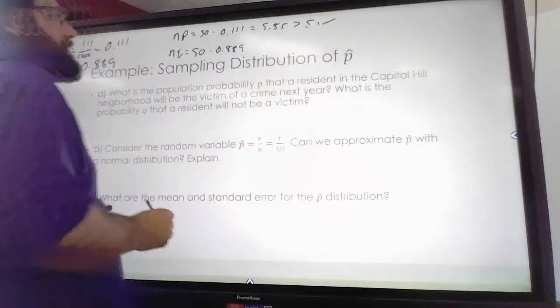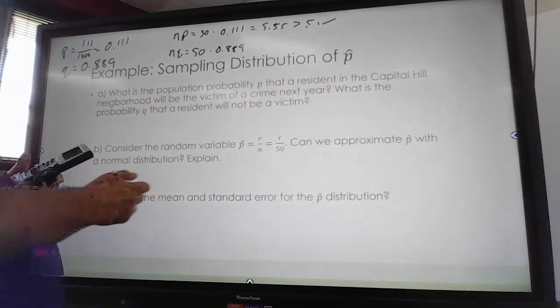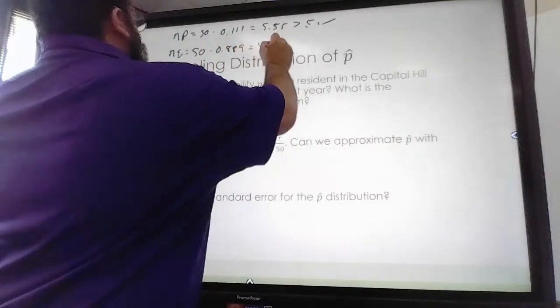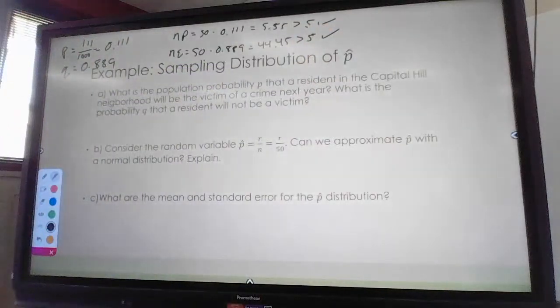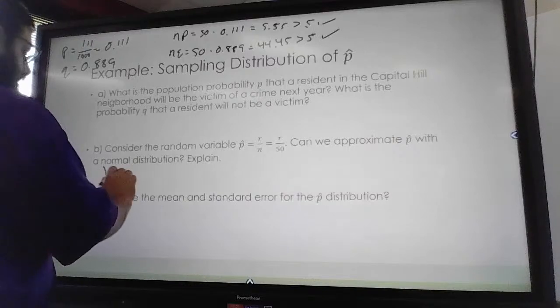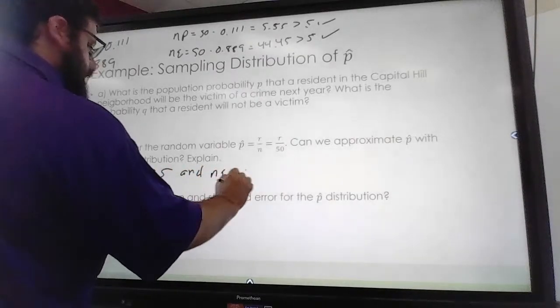So that's a check. Now I do the same thing for Q. That's 44.45, which again is greater than 5. Check. So can we approximate? Yes. NP is greater than 5, and NQ is greater than 5.